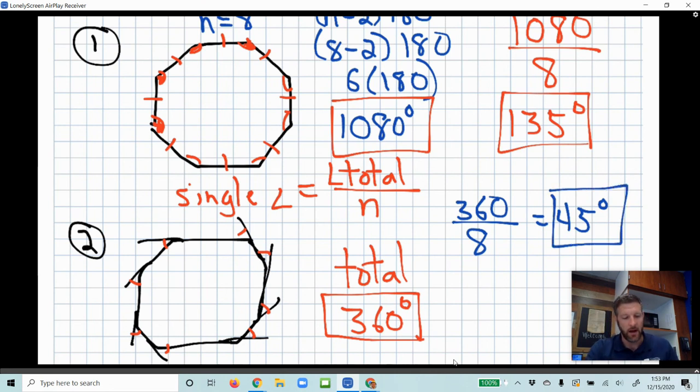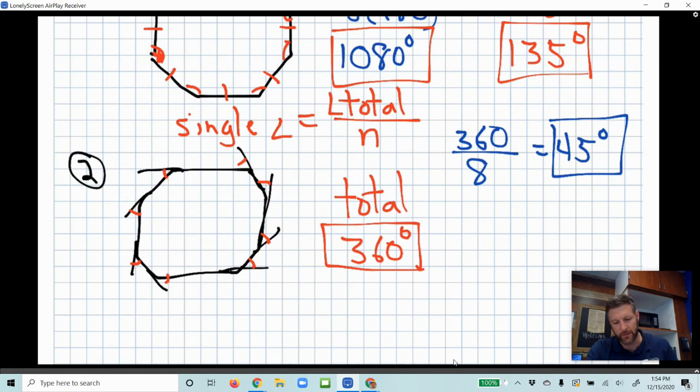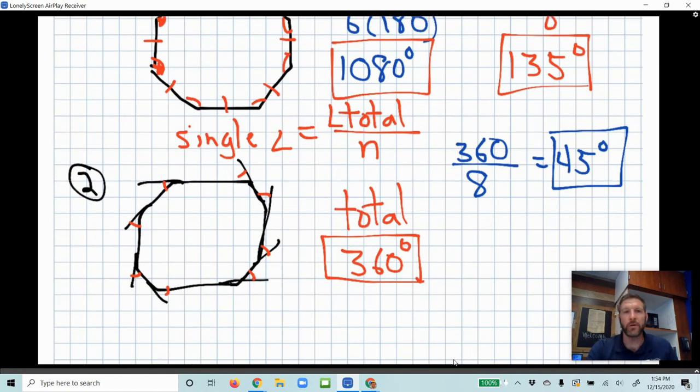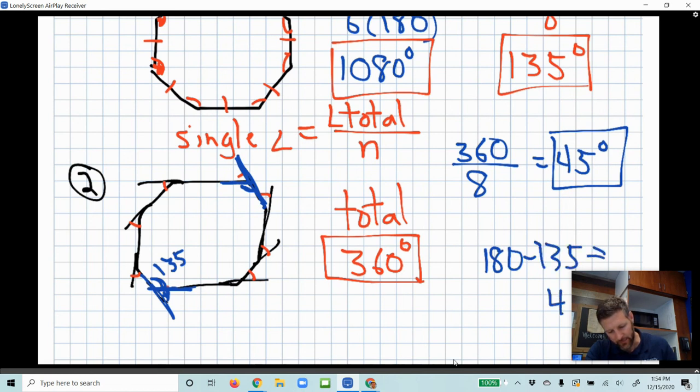A second method, just to show you, is look right here. I have 135 for the inside angle and 45 for the outside angle. Each of these pairs is supplementary. So if the inside one is 135 and I want to know the outside one, I can do 180 minus 135, and I can see that is in fact 45 degrees.